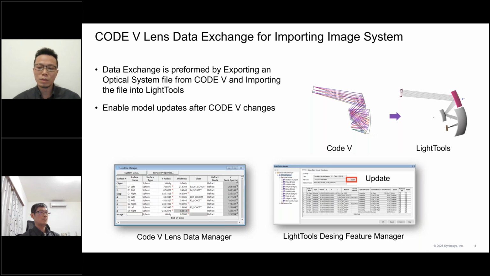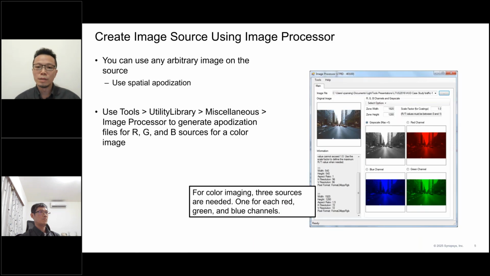And then if you have the HUD system, we need to simulate the visualization. We need the source and the receiver. For the source, usually we simulate two parts. One is the scene, the other one is our PGU, like our display. So we use this tool to import an image. Then this tool can help you to create the spatial luminance data for the RGB channel.